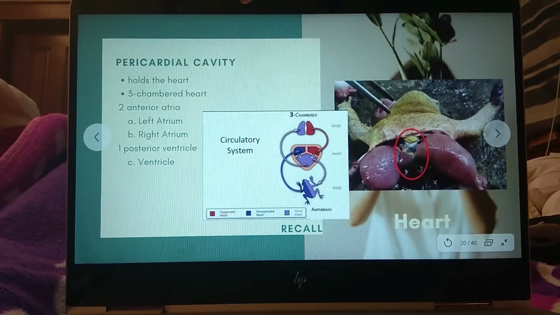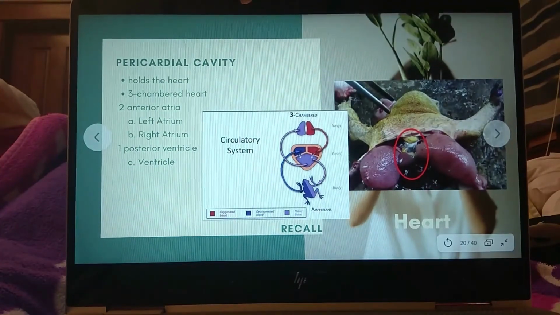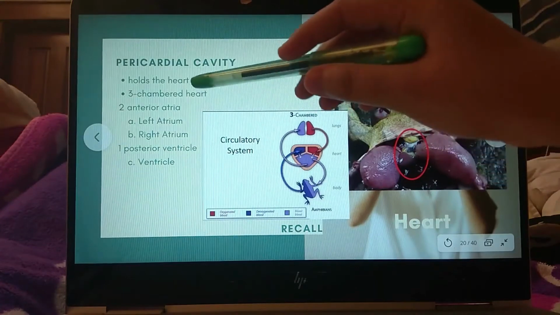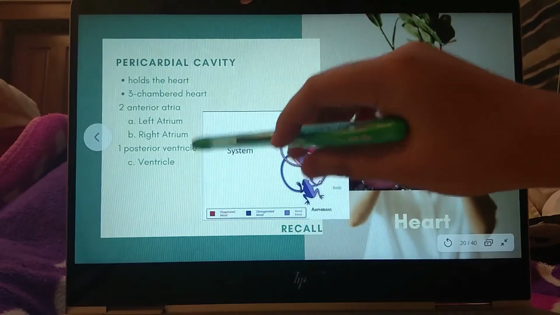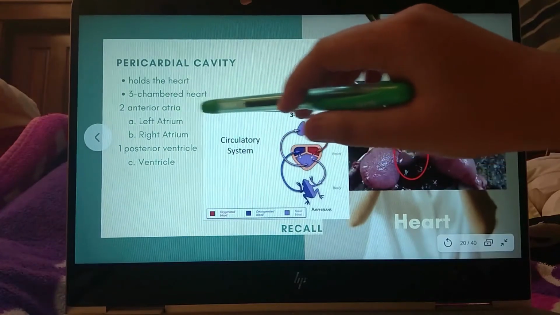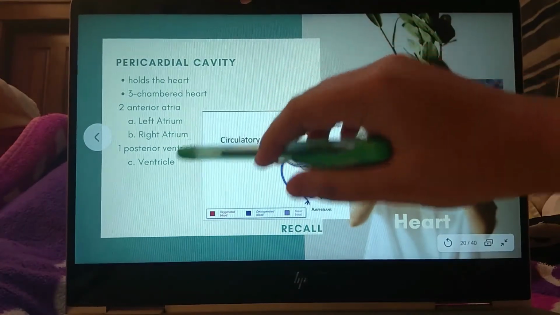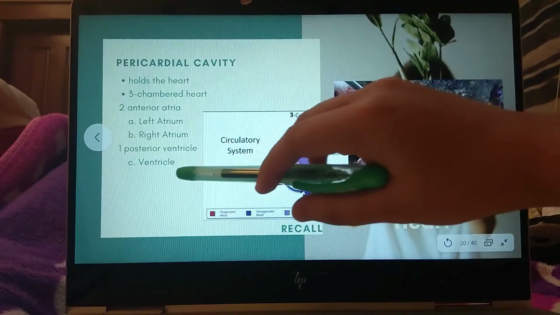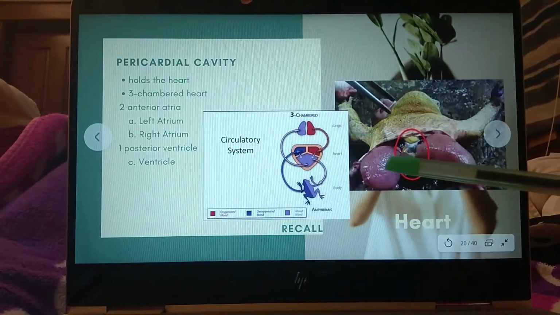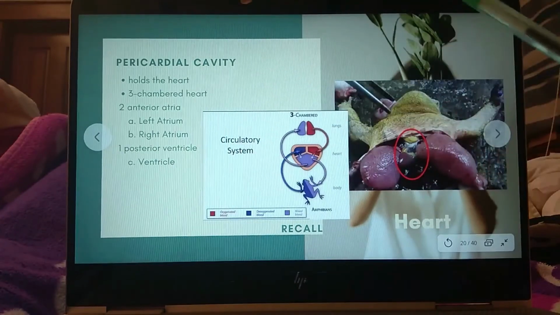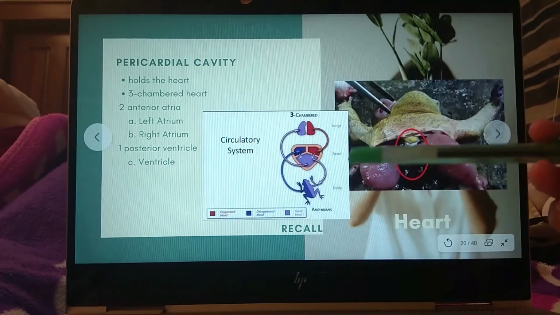Toads and other amphibians have this kind of heart. This three-chambered heart is divided into two anterior atria and one posterior ventricle. The two anterior atria are the left and right atrium, and the posterior ventricle is just the ventricle. Before we proceed, we can recall the function of the circulatory system.